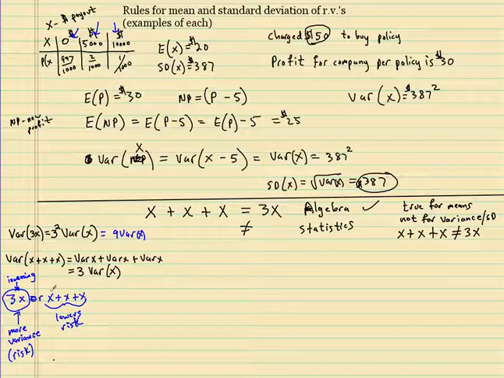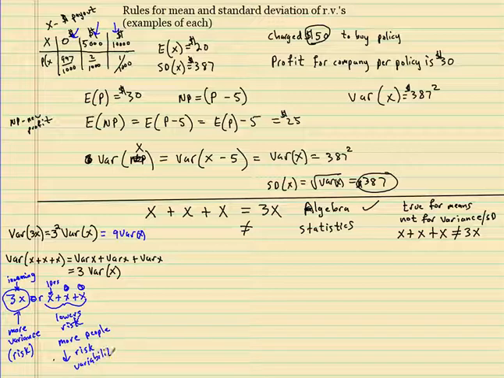This would be, instead of having one person, this is one person, this is a second person, and this is a third person. You see? So what does more people do to your risk? You should know this. This is common sense. More people lower your risk, which is your variability.